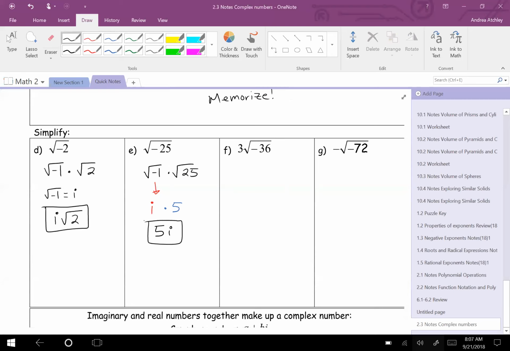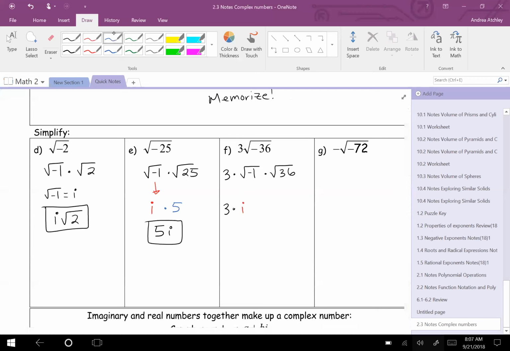Okay, the next one is 3 times the square root of -1 times the square root of 36. Okay, again, the 3 doesn't change. The square root of -1 is i.